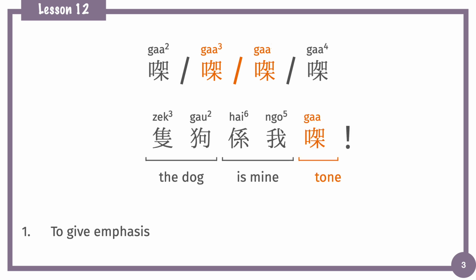It is mainly used to emphasize the sentence, to give a firm tone, like 隻狗係我㗎. 隻狗係我㗎 means the dog is mine, emphasizing the owner in a very strict and firm tone.